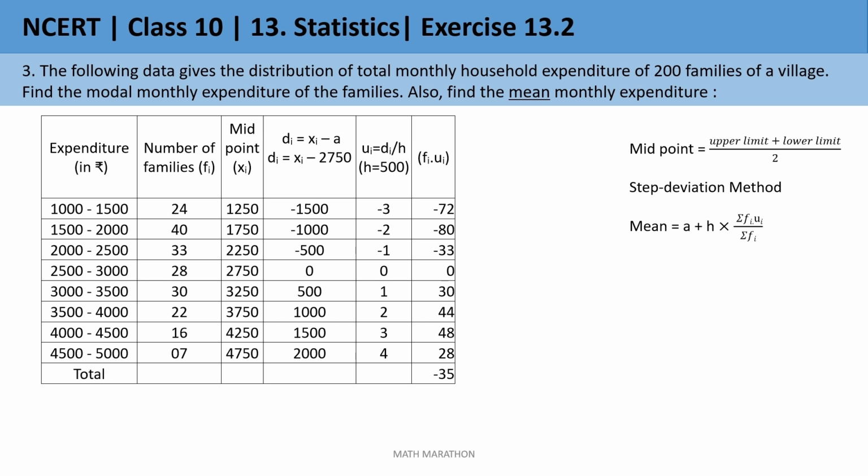Summation of fi ui is minus 35. Summation of fi is 200.